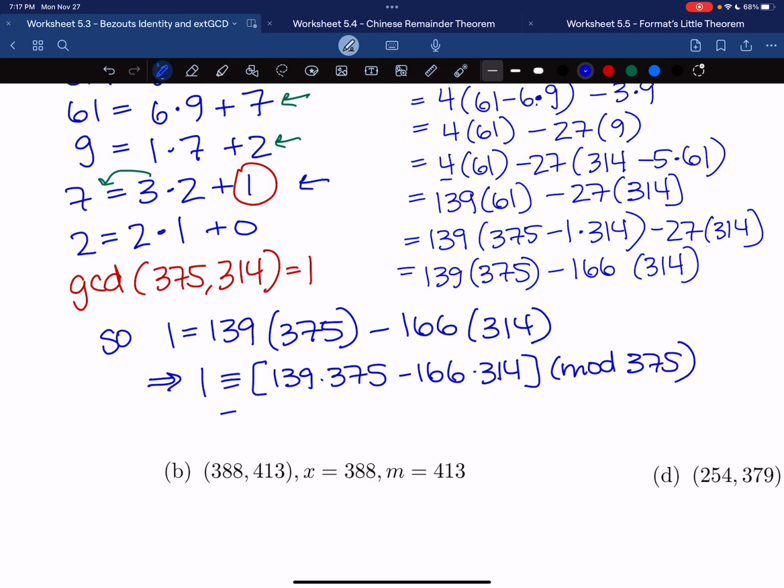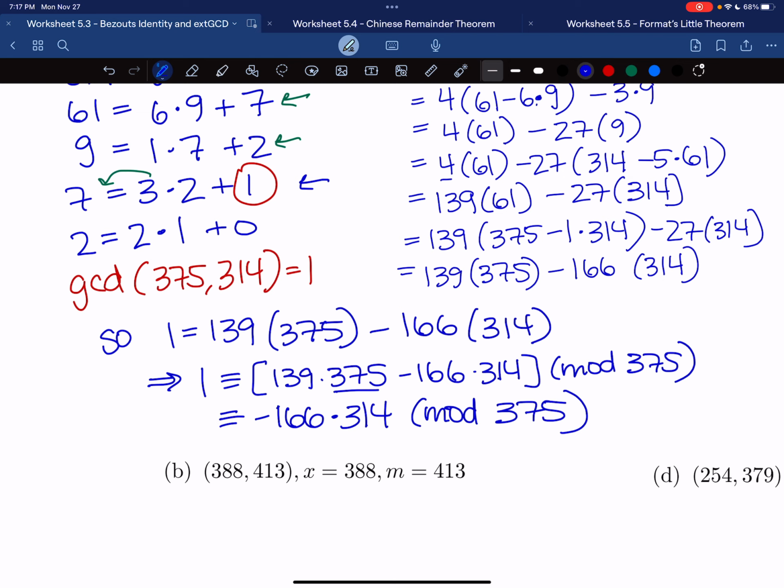But what is that equivalent to? 375 is in there. This whole thing is 0 on the left-hand side. So this is equivalent to minus 166 times 314 mod 375.